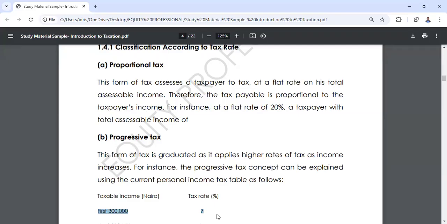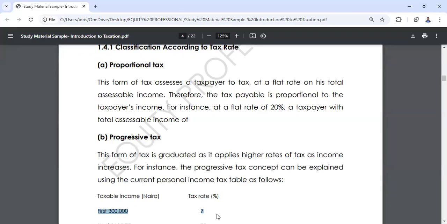If your gross income in a year is 30,000 per month times 12, 360,000 in a year, you will not pay personal income tax because your gross income is minimum wage or below. That is gross income, it is not chargeable income. We are still coming to a topic under personal income tax where we explain in detail how we compute personal income tax. By that time, you will understand more about personal income tax rates.